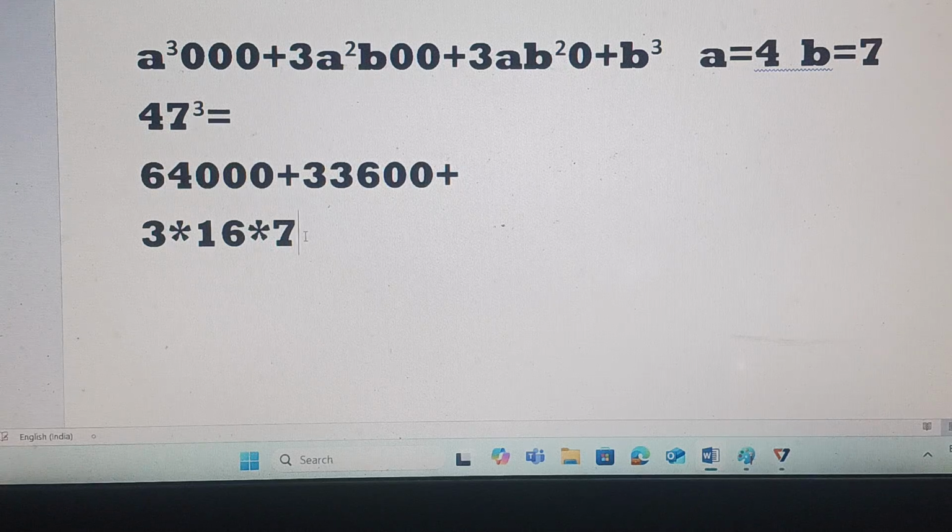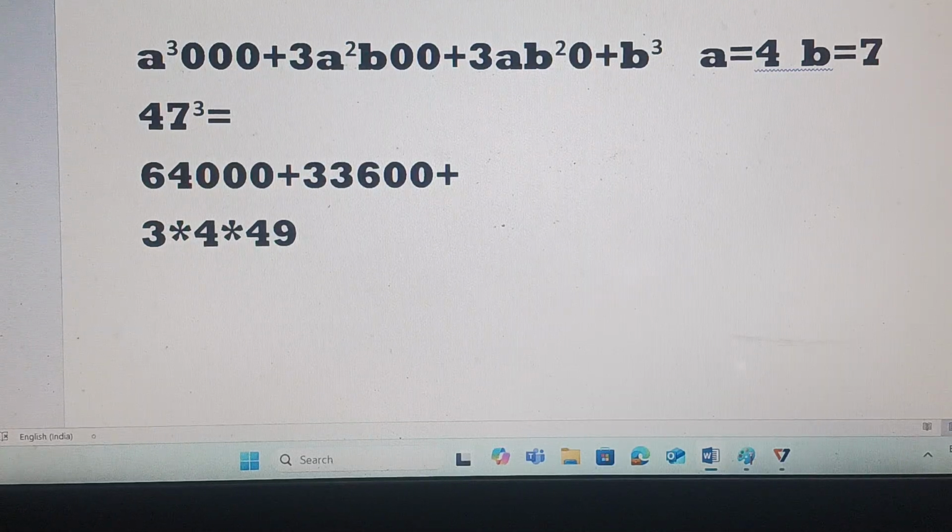Now, the next part of our formula is 3ab squared with 1 zero. So we're going to write 3 times a, which is 4, times 7 squared. 7 squared is 49.